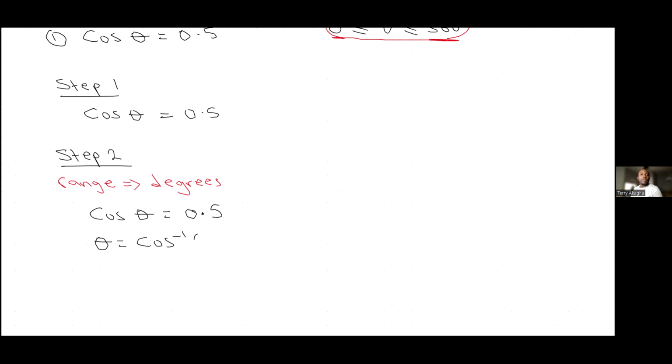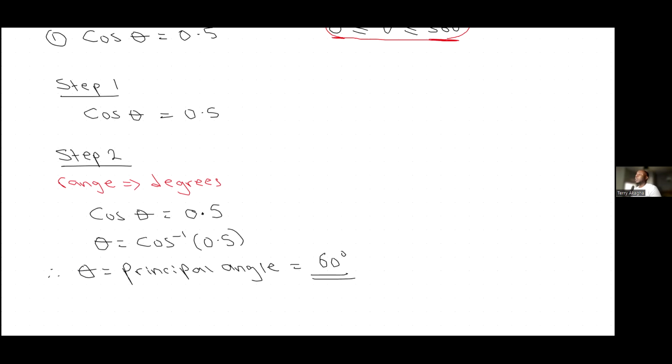So therefore, theta, which is the principal angle, will be equal to what? 60 degrees. When you press your calculator, you will see that the cos inverse of 0.5 is 60 degrees.